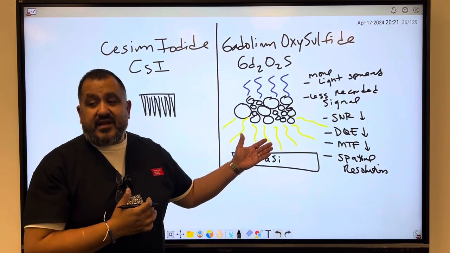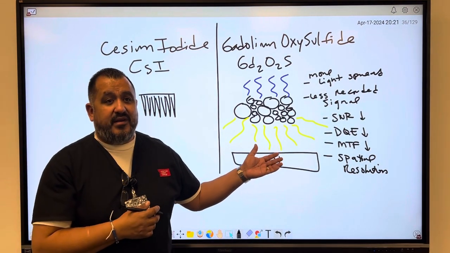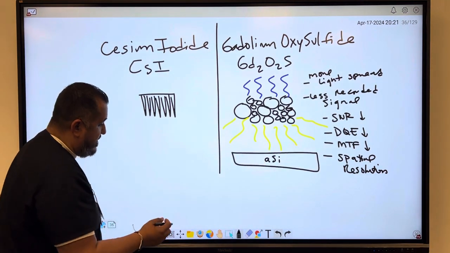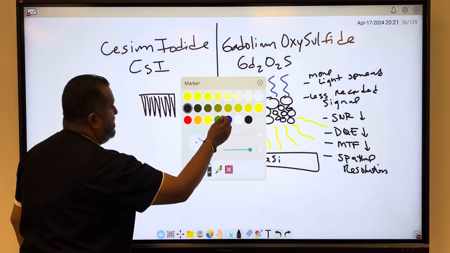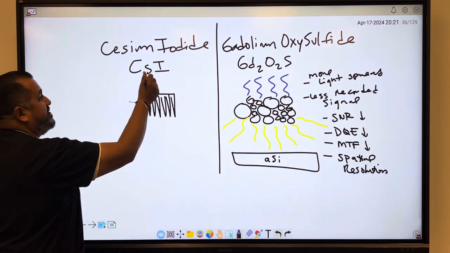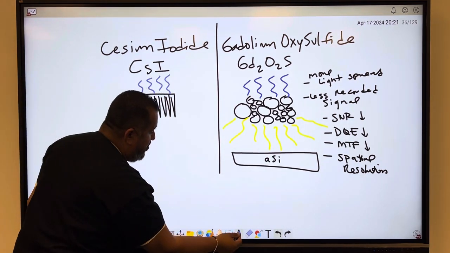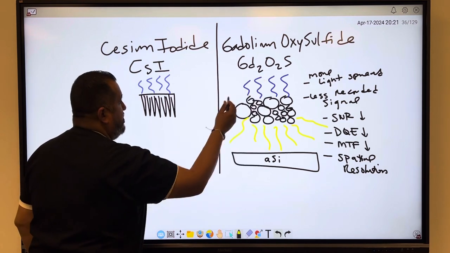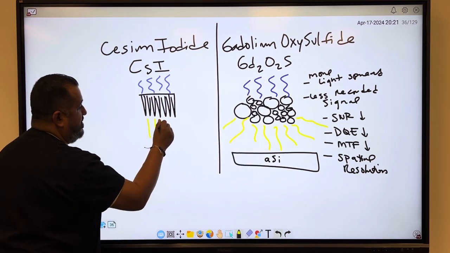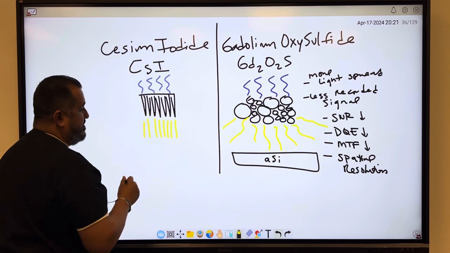At the time, if that's all you had, that's what you used. But now with cesium iodide, let's go back to here. Once the X-ray energy hits the cesium iodide, because it grows in a needle-like formation, that light is going to be coming downward. You see that?